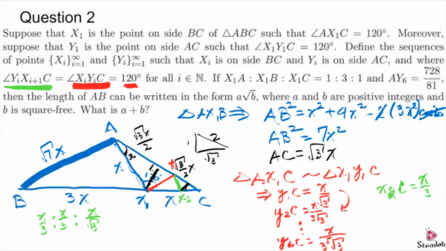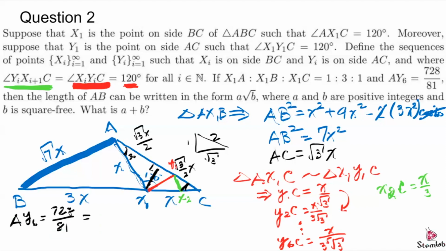Okay. So now we can compare that to y sub 6. Okay, hopefully we can fit it here. A y sub 6, we know is 728 over 81.